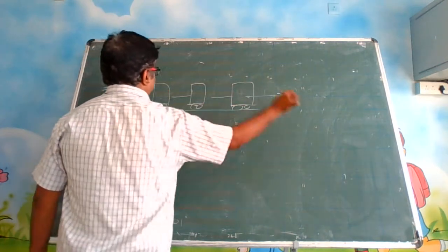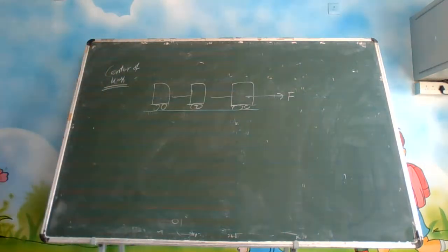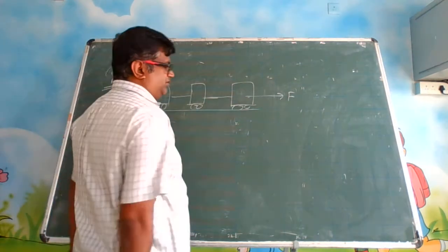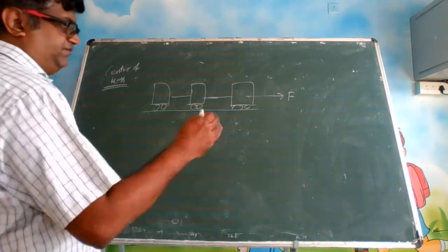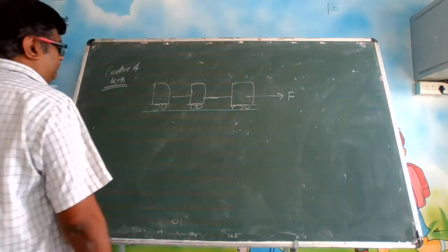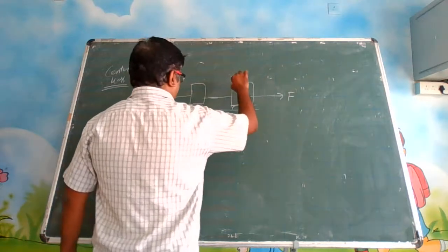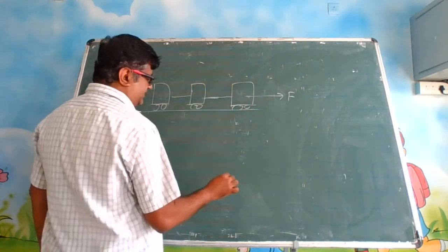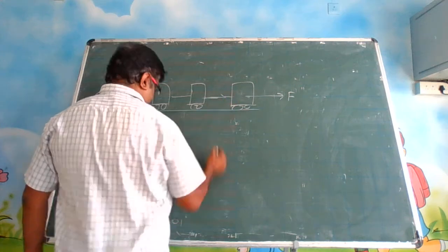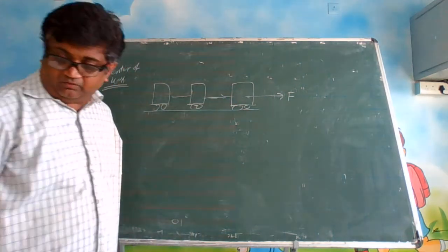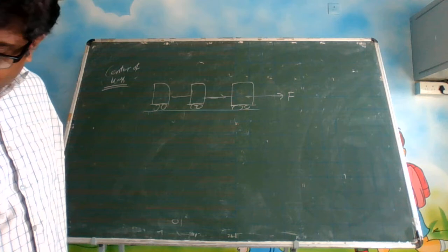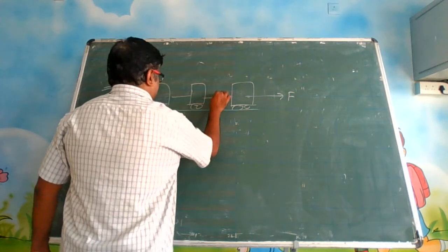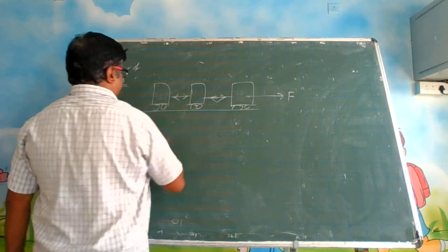And these trains are connected with some cords, strings, between bogie to bogie. So when this force is pulling the train, it is pulling the entire train. This bogie and this bogie are connected. Obviously, there will be equal and opposite force created like this.